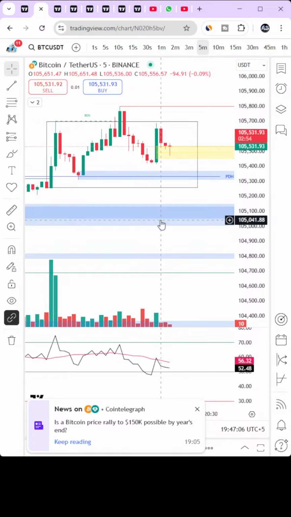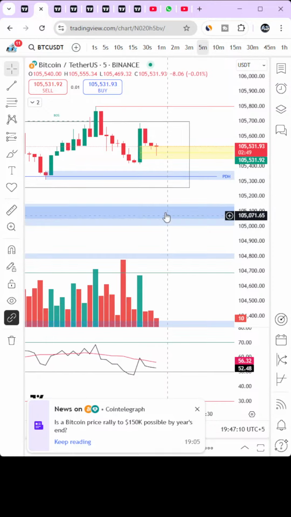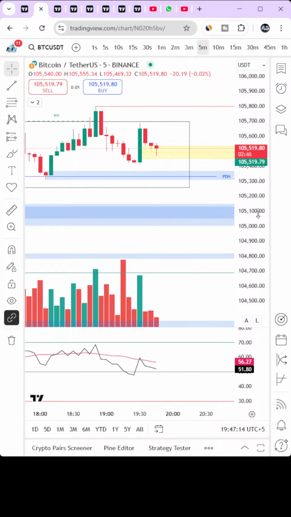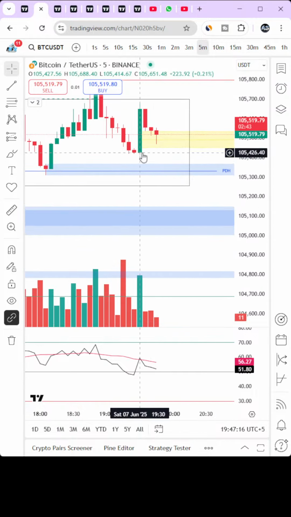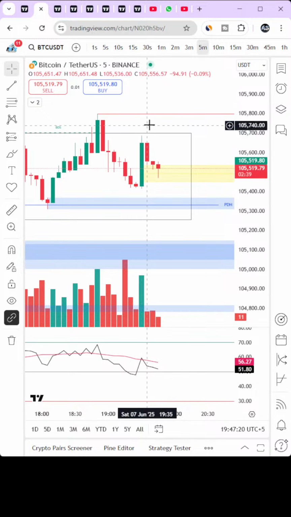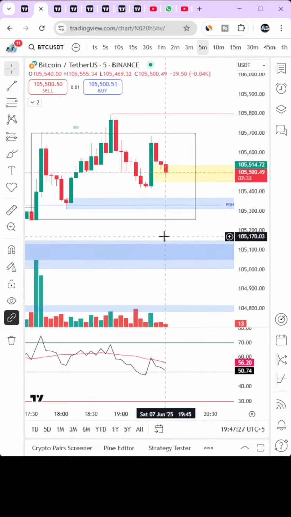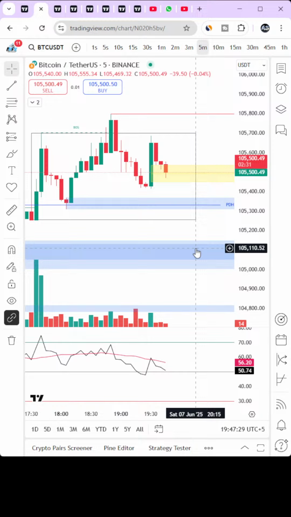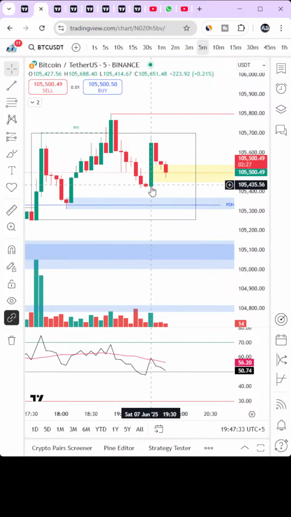In the 15 minutes time frame, or sorry, in the 5 minutes time frame, the market is rejecting after filling this fair value gap, and this is a very powerful bullish candle. In such a condition, in this position, we have to wait.